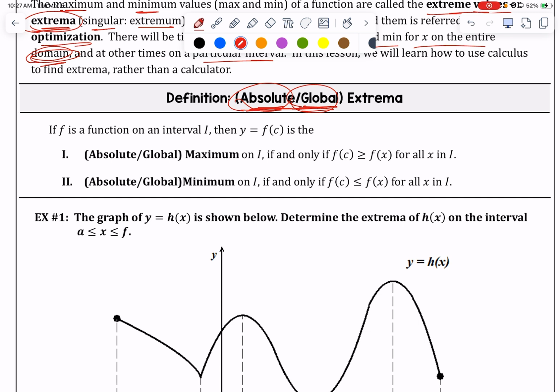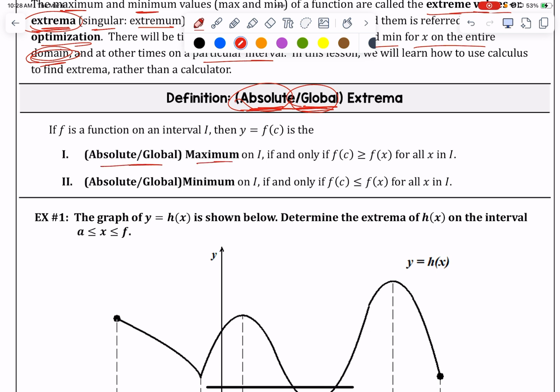But that's not absolute, because that's only talking about the people in this room, not all the people on planet Earth. We could talk about the richest person in Perm, probably Kenny Nelson. That's not the absolute. Okay, probably. I'm going out on a limb.